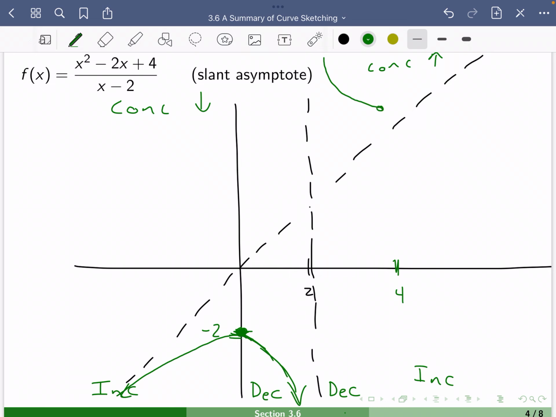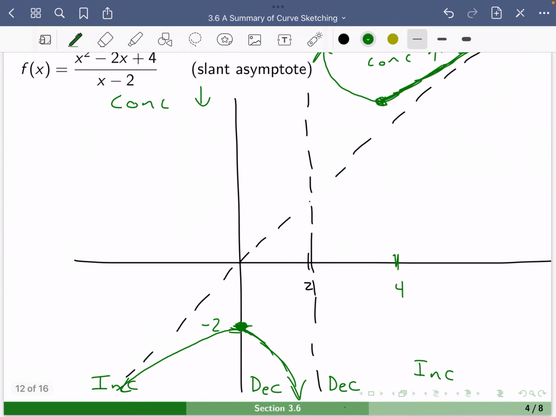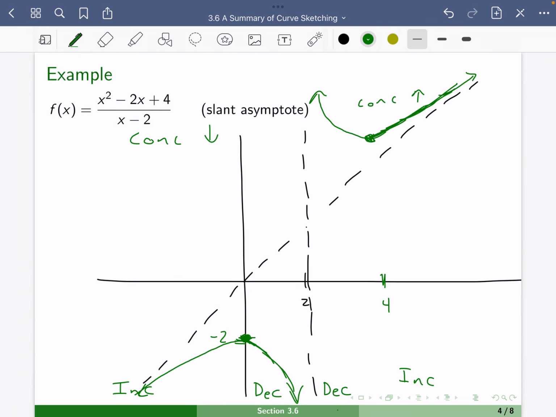We hit a minimum at 4, and then we start increasing again. And that is an example of doing some curve sketching.